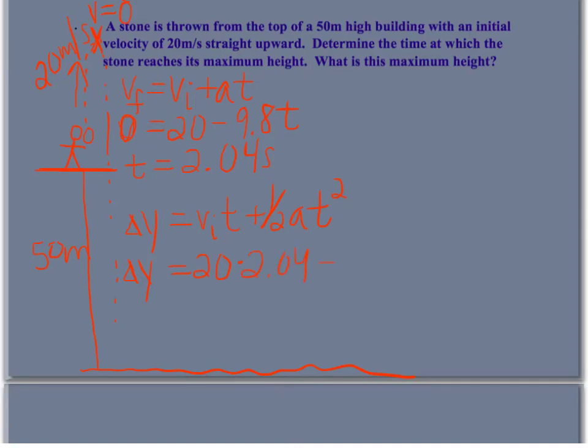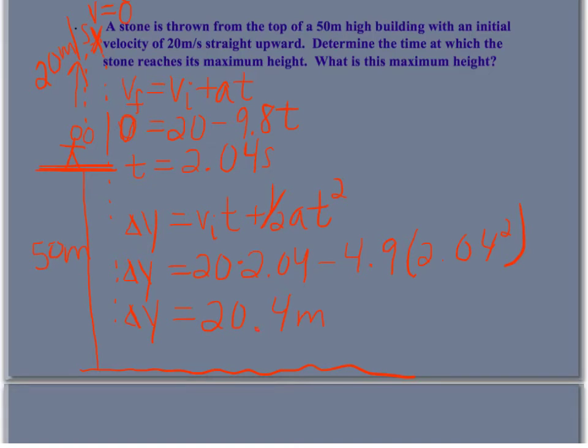Half of negative 9.8 is negative 4.9, and I can square the time to find out what this change in position is going to be from the rooftop. Again, go ahead, plug that into your calculators, and you'd find that that change in position is about 20.4 meters.